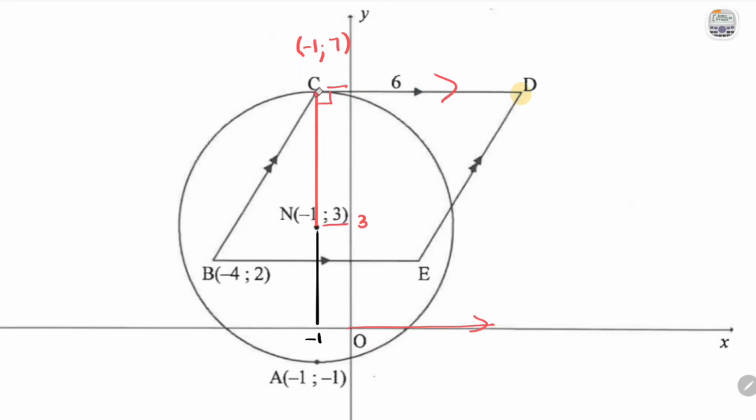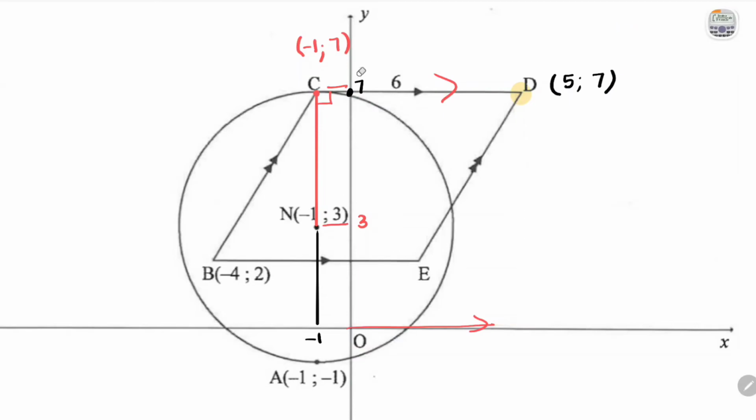So you're moving 6 units to the right to get to D. The only thing that changes, as you can see from this point to that point, is the x value. That x value now becomes -1 plus 6, which is 5. And the y value is exactly the same as C, since it is a horizontal line. This was 7 as a y value, this will also be 7 as a y value. So D is (5, 7).